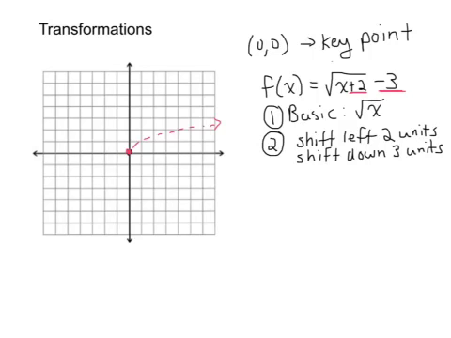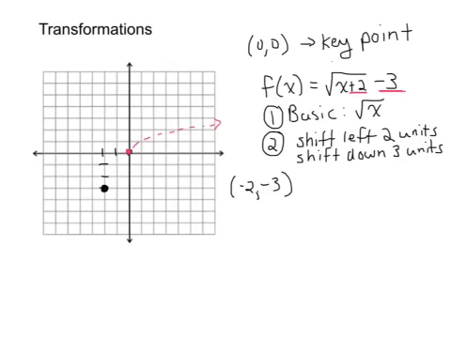So if I'm going to shift left 2 units, 1, 2 will bring me over here, down will be 1, 2, 3. So the key point is now going to be located at the coordinates (-2, -3). And so that is the starting point for my square root shape.